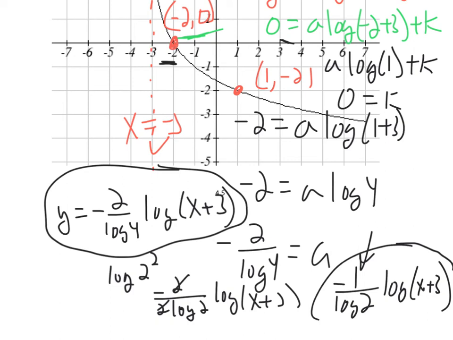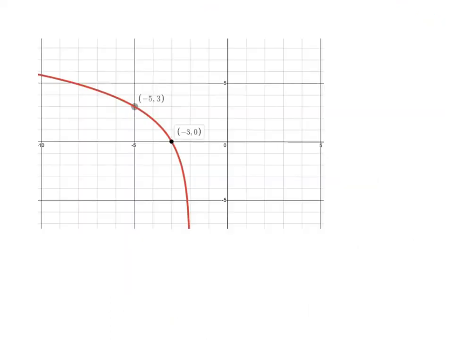So I think I got one more graph to use. Okay, so we're gonna start. There's a couple of things happening with this graph. It's our last one. Normally log graphs head off to the right, and I see this heads off to the left, so that tells me there's a reflection around the y-axis.